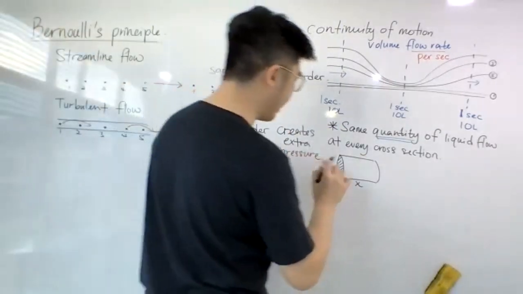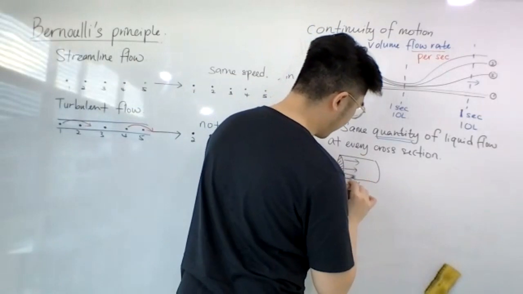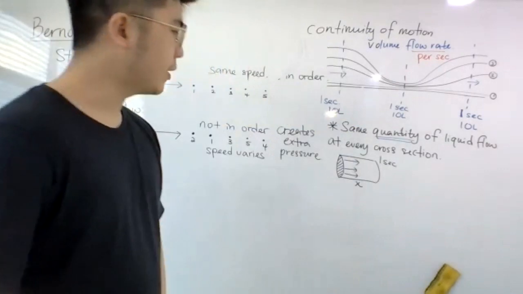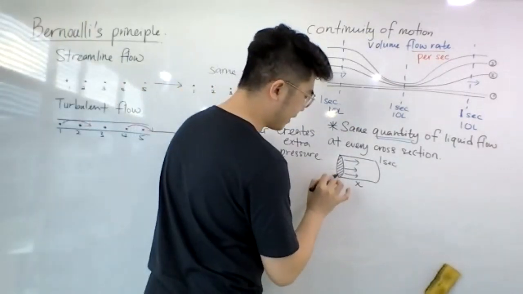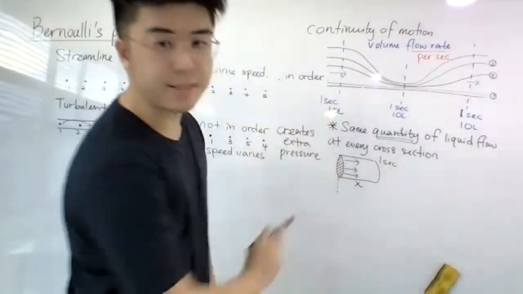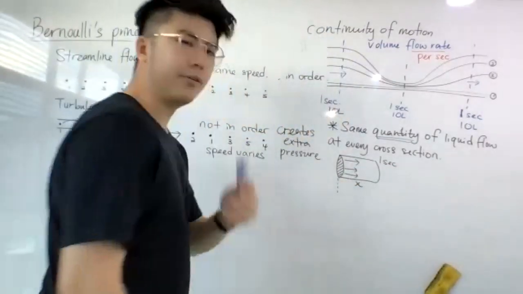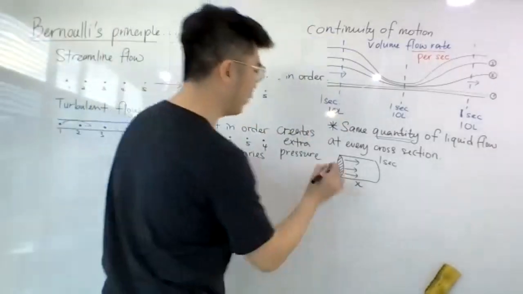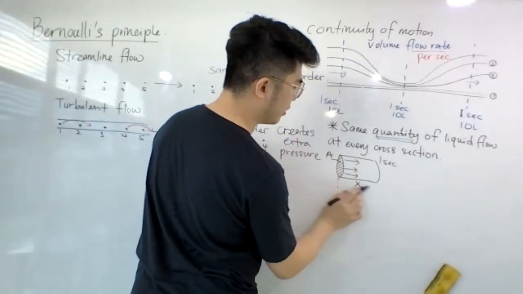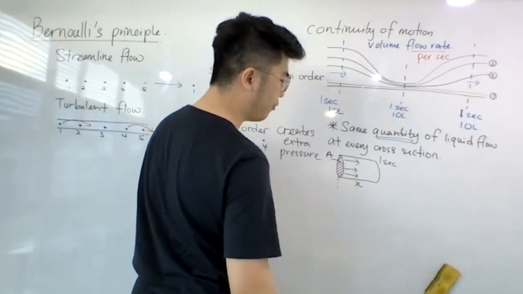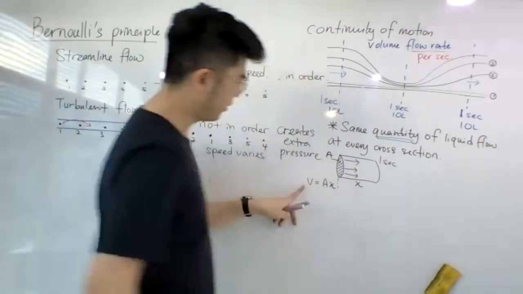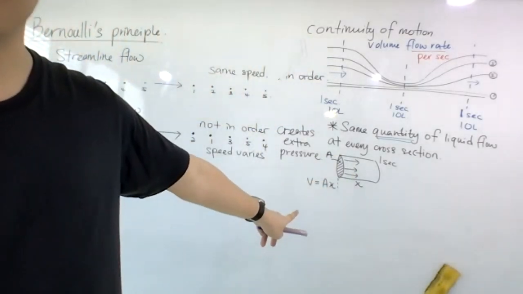Imagine the water starts at 0 seconds and flows to a length of x in 1 second. So if I want to get the volume, I take the cross-sectional area times the length x. So volume is AX. The volume of water flowing is AX, right?